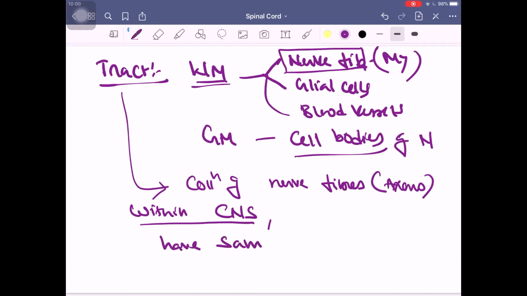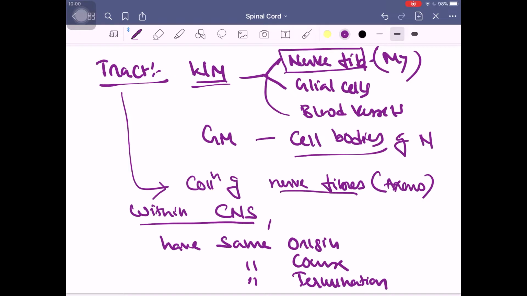the same origin. All the nerve fibers in the bundle, the collection of them, should have the same origin. They should all start from the same place, have the same course, and terminate in the same way. So when a particular group of myelinated nerve fibers located in the central nervous system have similar origin, course and termination, then you define them as a tract.